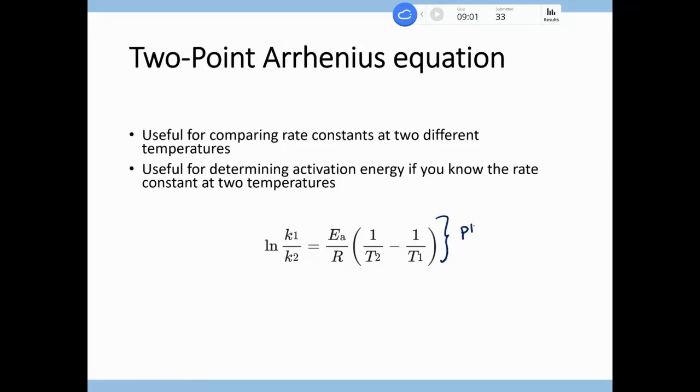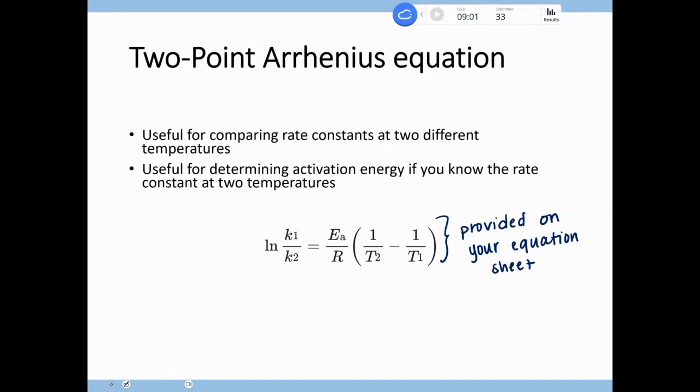This one is provided on your equation sheet. And this is useful for determining activation energy when you know the rate constant at two temperatures, or any of those variables in the equation.